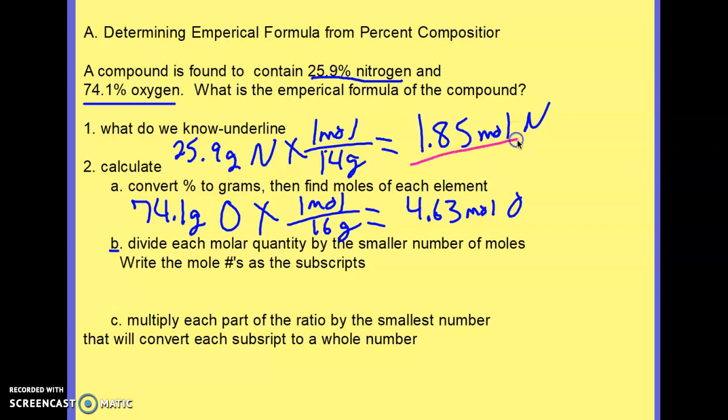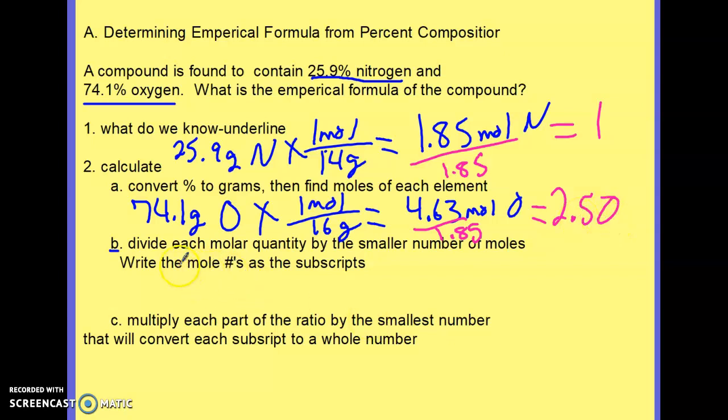Switch colors. Boom. So what these numbers actually mean is the ratio is 2.5 oxygen for every 1 nitrogen. Well, we can't really have 2.5 oxygen.